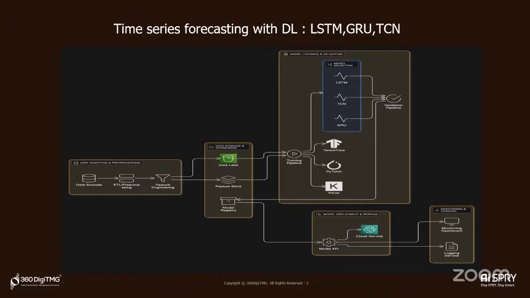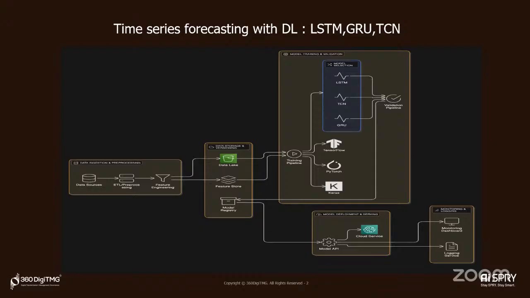Then after this, we will have our data storage and provisioning, wherein first is the processed data. Whatever processed data we have, we have to store somewhere. So we'll store it in a data lake, which is ideal for storing large volumes of raw as well as processed data.